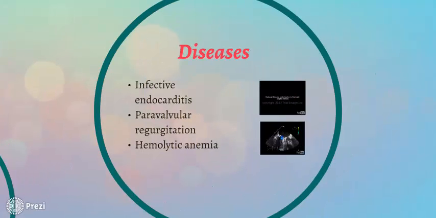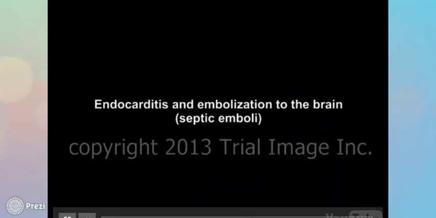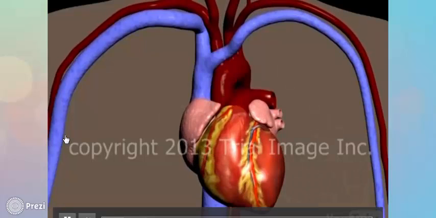Now, the diseases related with this topic are infective endocarditis, paravalvular regurgitation, and hemolytic anemia. This is Dr. Cal Shipley with a review of endocarditis, cardiac valve vegetations, and stroke.